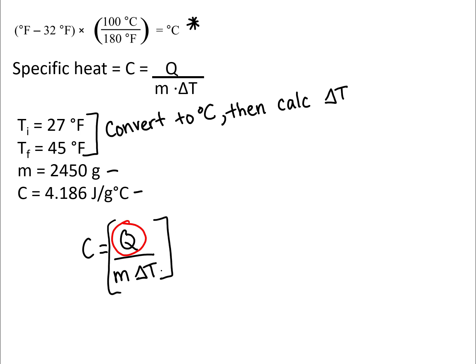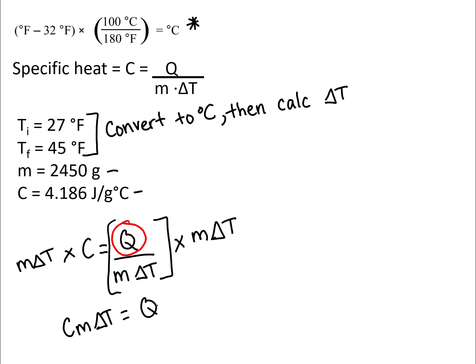Since we have division here, we're going to multiply by m delta T on both sides. So when you're doing this problem, the specific heat of water times the mass of the water times the change in temperature of the water should give you the amount of heat.